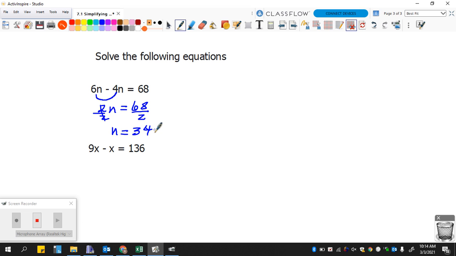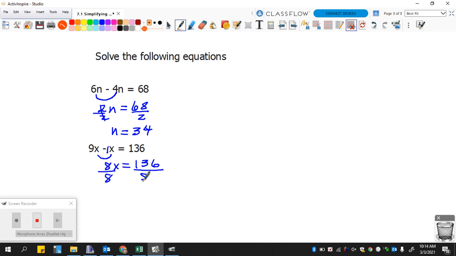Okay? We have 9x minus x. Remember, this is a 1x, so we have 9x minus 1x, which is 8x, is equal to 136 divided by 8.